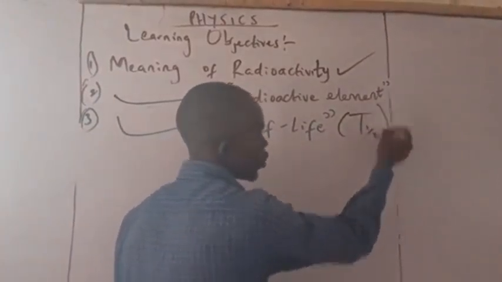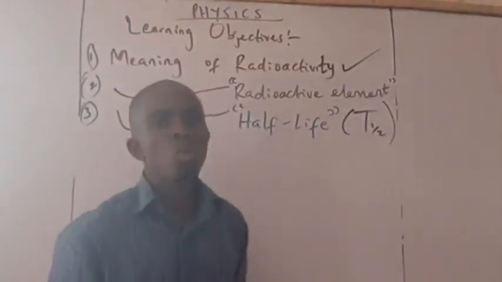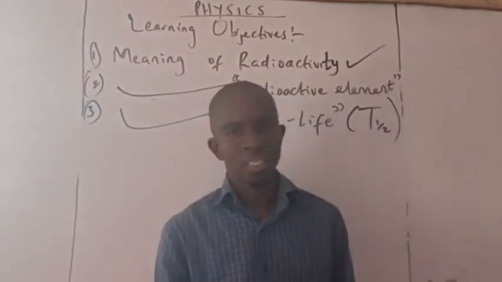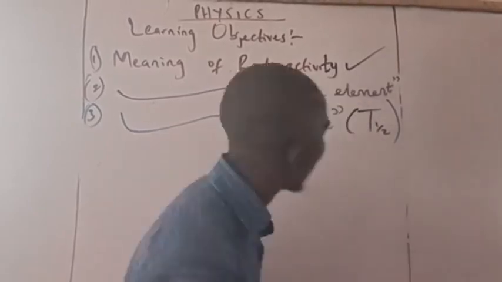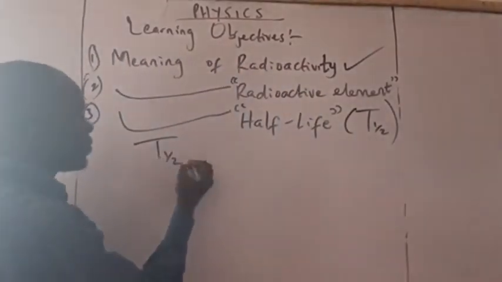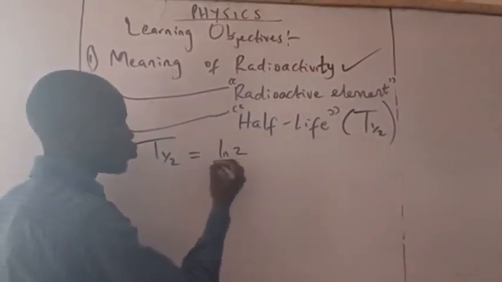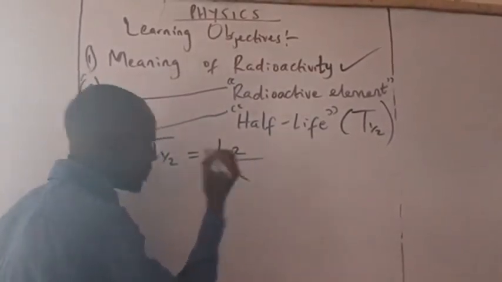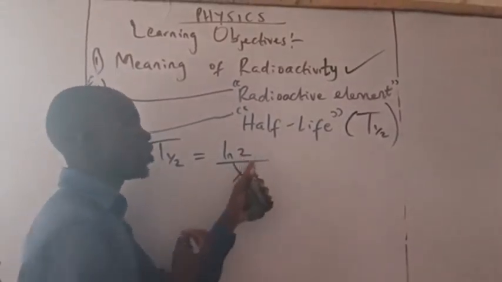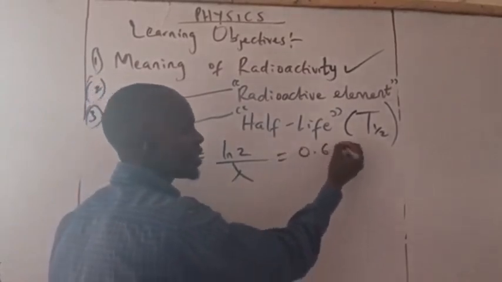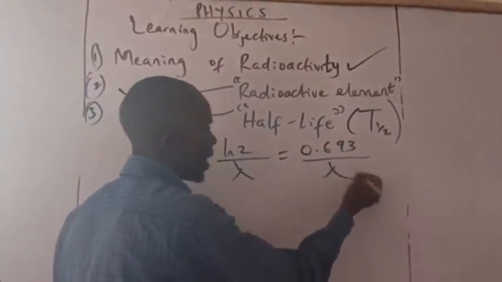T subscript half. We have some formulas for half-life, and the first formula is this. Half-life is ln 2 over lambda. Now, this ln 2, once you press your calculator, is the same as 0.693, all over lambda.